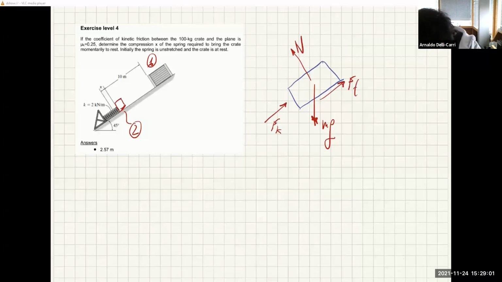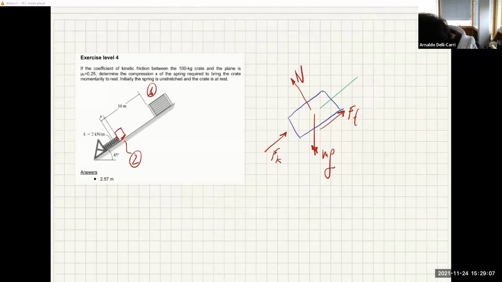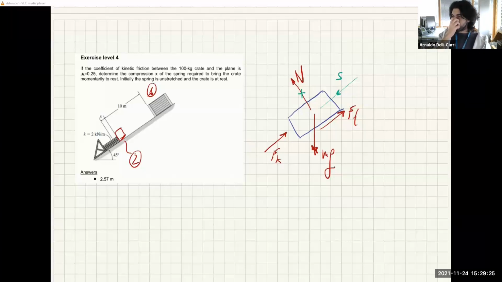Now, the displacement is happening in this direction. And so we know that this force is a reaction force N, and it's never working, of course, because it's always perpendicular to the direction of motion.